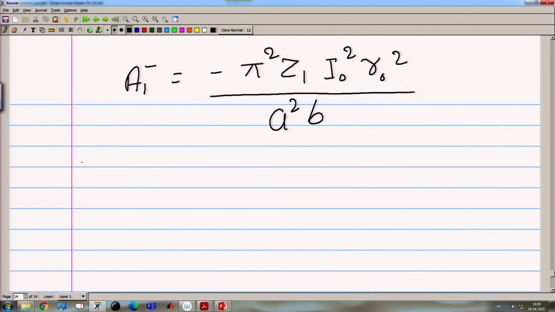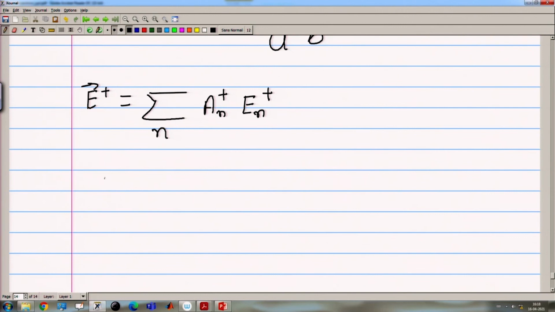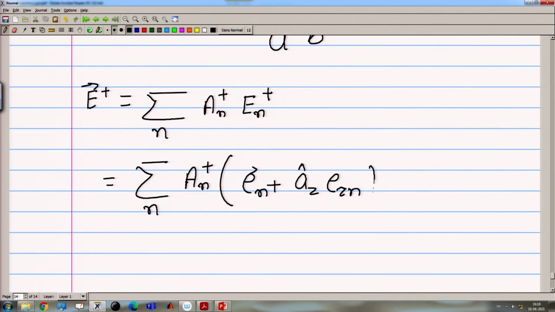So, that expression is E plus, which can be written as a summation of all the modes inside the waveguide, that is a n plus E n plus, and this can be written as summation over n, a n plus and this E n plus, which will be E n plus a z into E z n e to the power minus j beta n into z, for z greater than the position of the feeding.